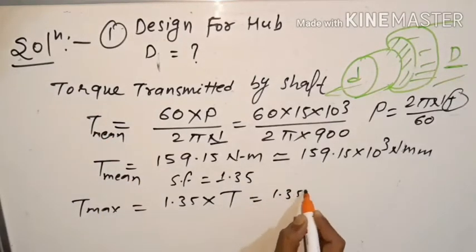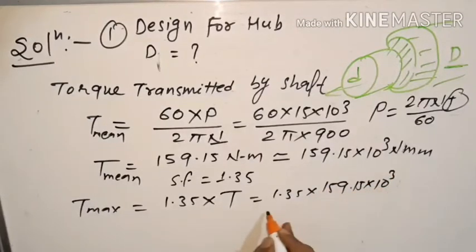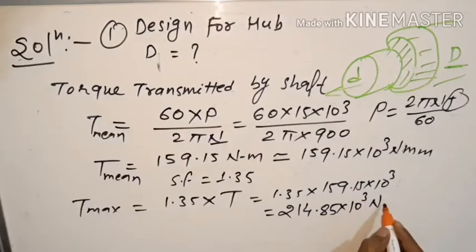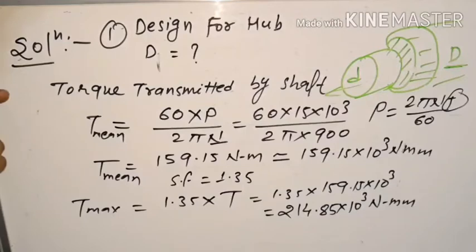So it is about 1.35 into 159.15 into 10 power 3, which is around 214.85 into 10 power 3 Newton mm. This formula is important for competition examinations or your subjective university examination. Right now we can move to the next section.